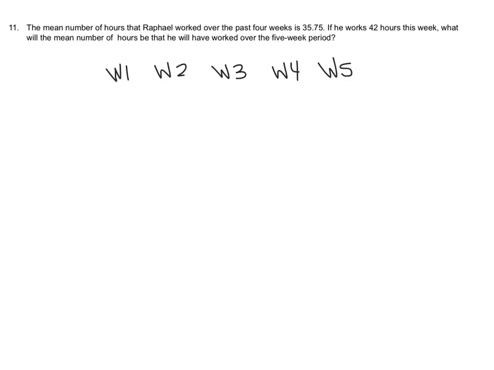Now the average is the sum of all the points in a data set divided by the number of values in the data set. So if our values are the number of hours each week that he worked, then we can add up all of these hours and divide by the number, which is 5, to get the average.